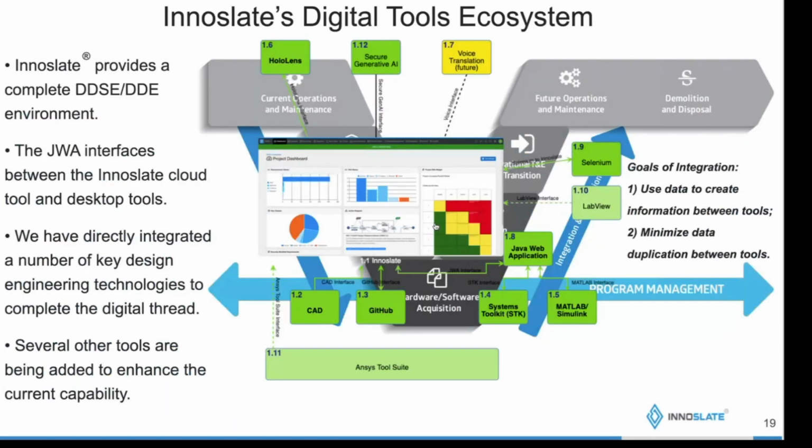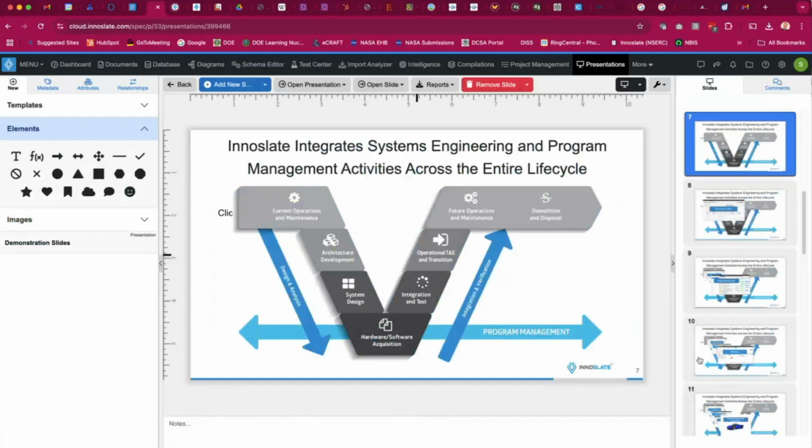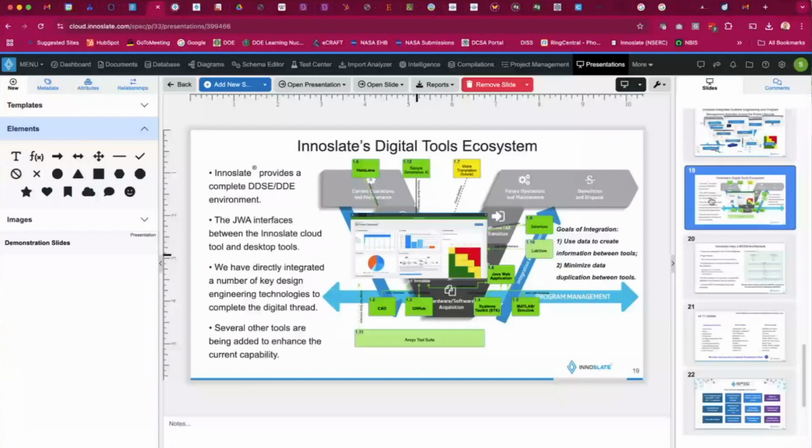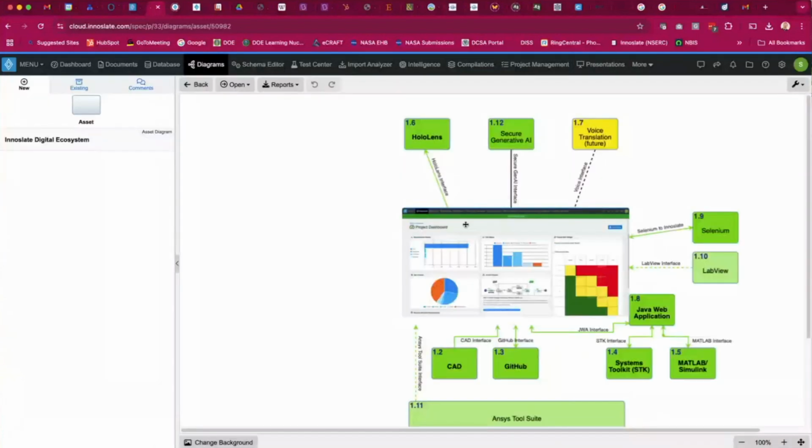Now here's an actual example of a diagram that I have that's a live diagram in the tool being annotated with all kinds of other information. If I escape this and go to that chart, I can double click on the diagram, and it'll take me to the actual diagram itself.